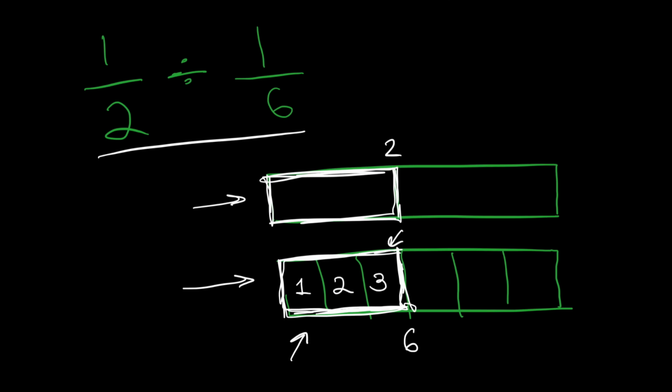So since 3 pieces can fit into a 1 by 2 of a bar, the answer to 1 over 2 divided by 1 over 6 is 3. Because, as I said before, 3 of the 1 over 6 pieces can fit into the 1 over 2 piece.